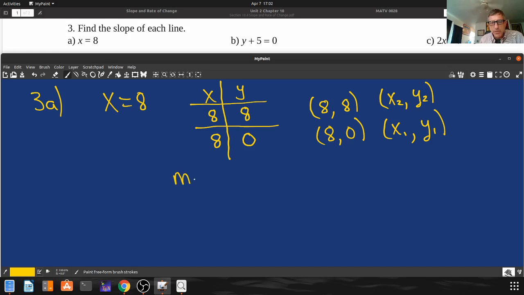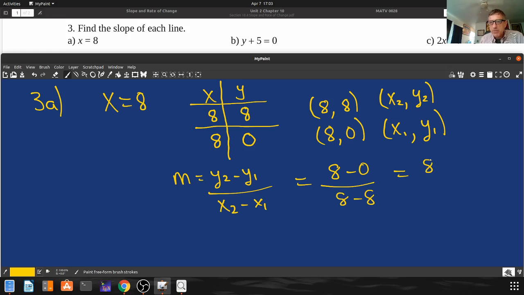And slope is equal to y2 minus y1 over x2 minus x1. So in that case, that's equal to 8 minus 0 over 8 minus 8. So that gives me 8 over 0.